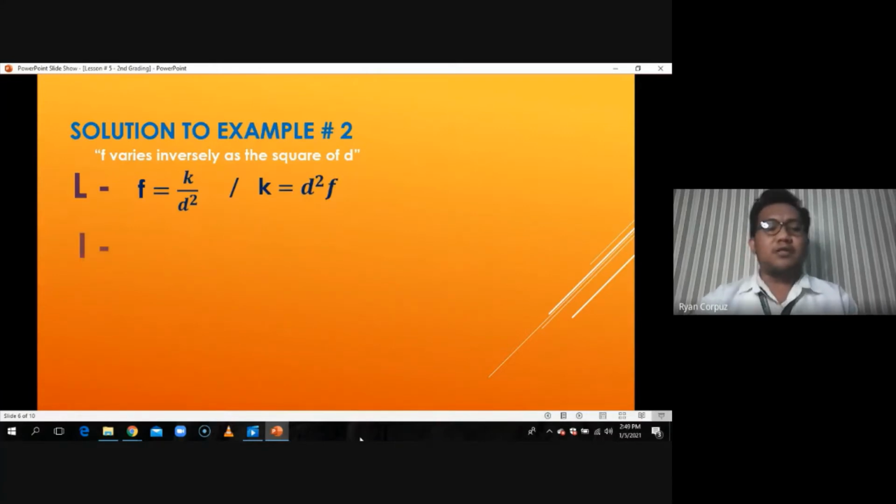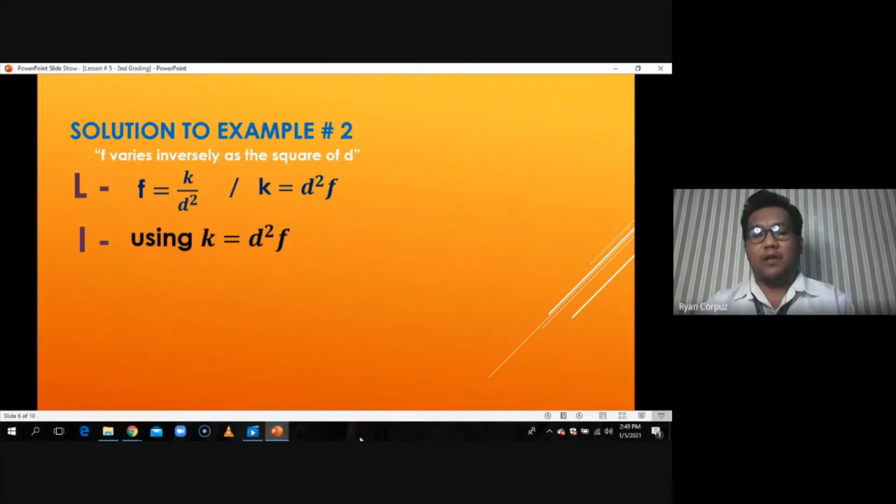Then, on the second step, we are going to make use of the second form equation, which is the equation for finding K, with the help of the complete value in the problem. What is in the problem? The force of attraction is 18 when the distance is 10.